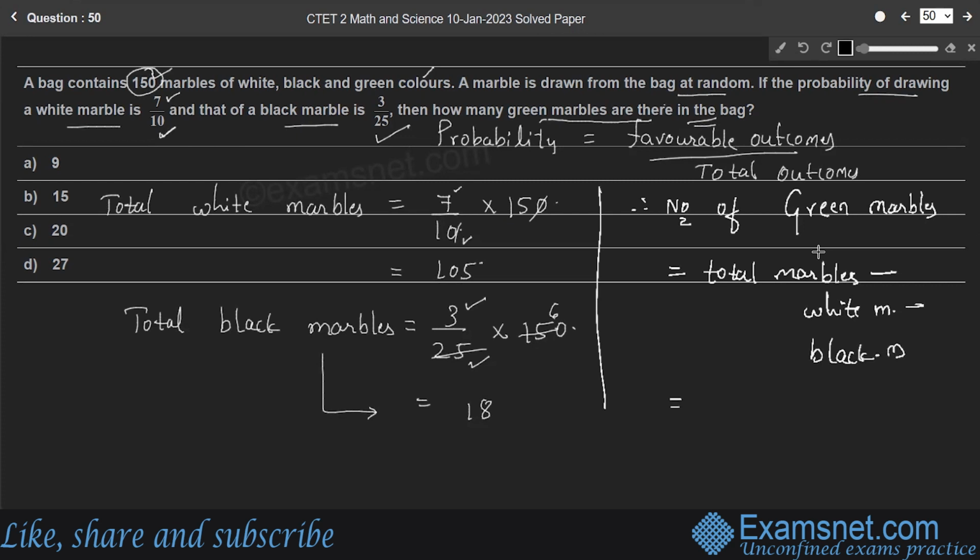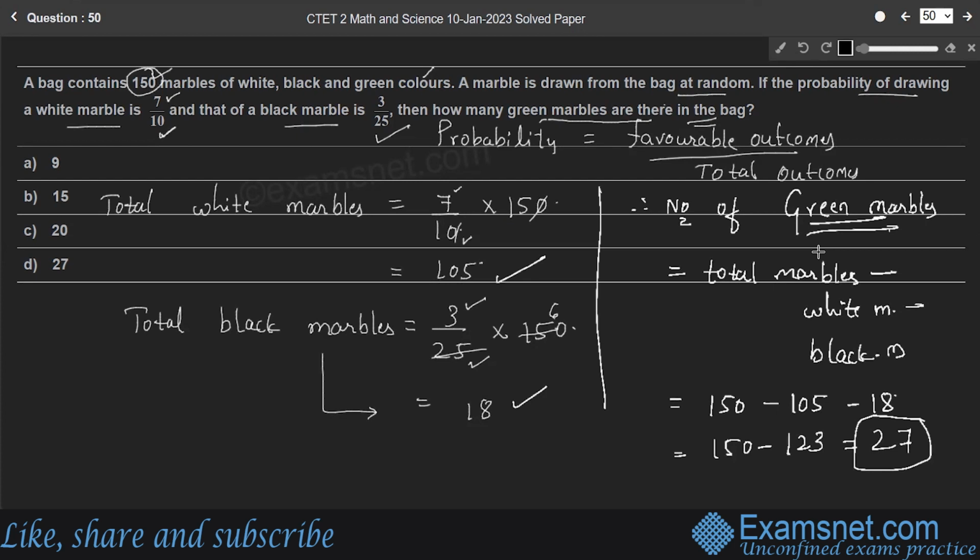Very simple. There are 150 marbles in total. In that, 105 are white marbles and 18 are black marbles. So it is 150 minus 123. Therefore, there are 27 green marbles. So the number of green marbles in the bag is 27. Hence, option D is the right answer.